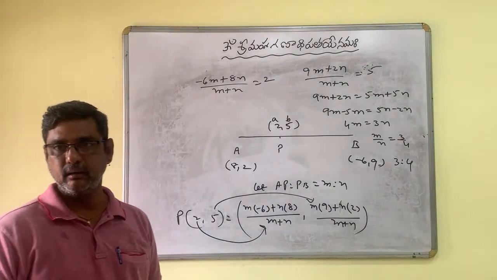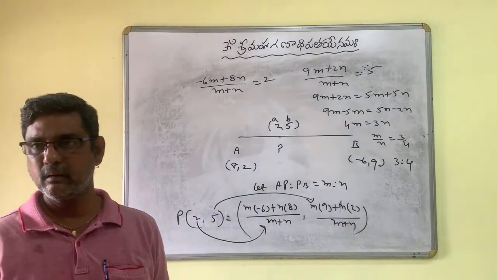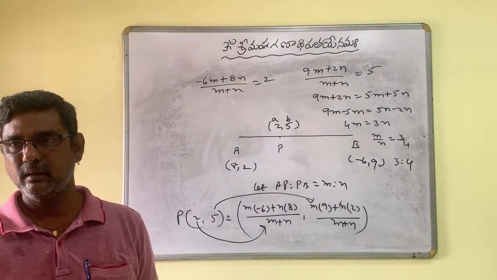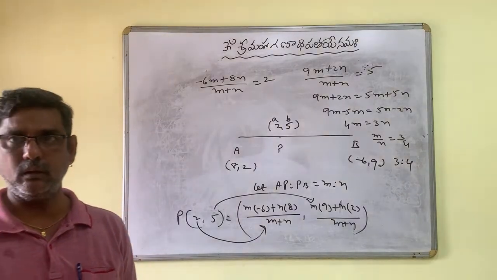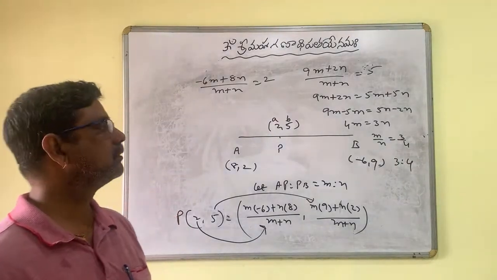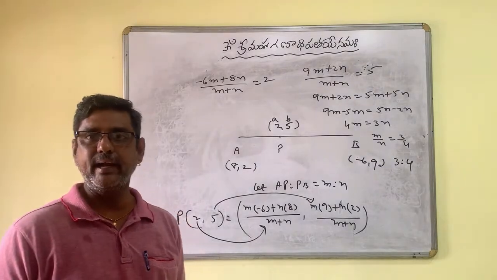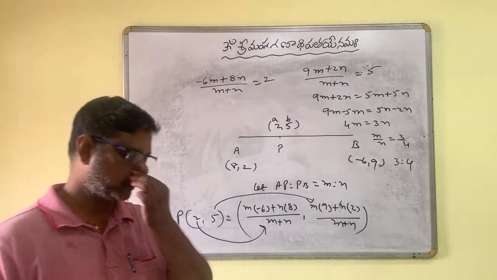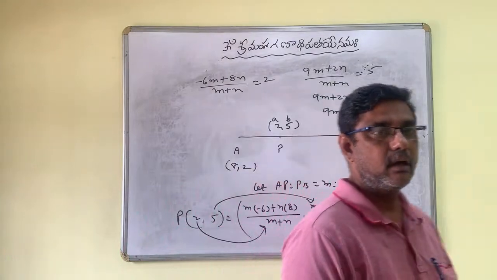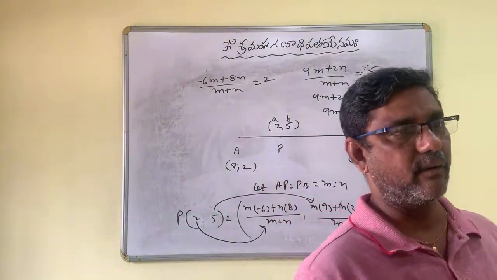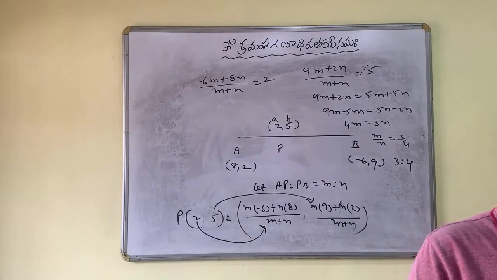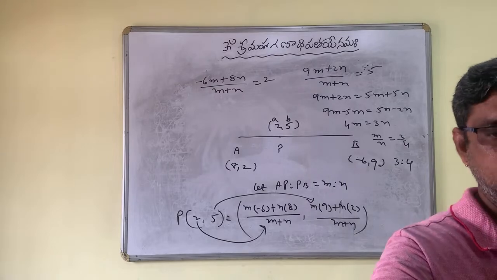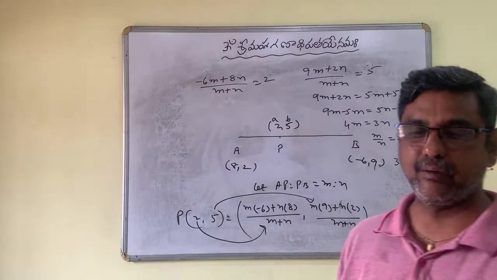Minus 6m plus 8n. Are we getting the same ratio or a different one? Yes, very good.